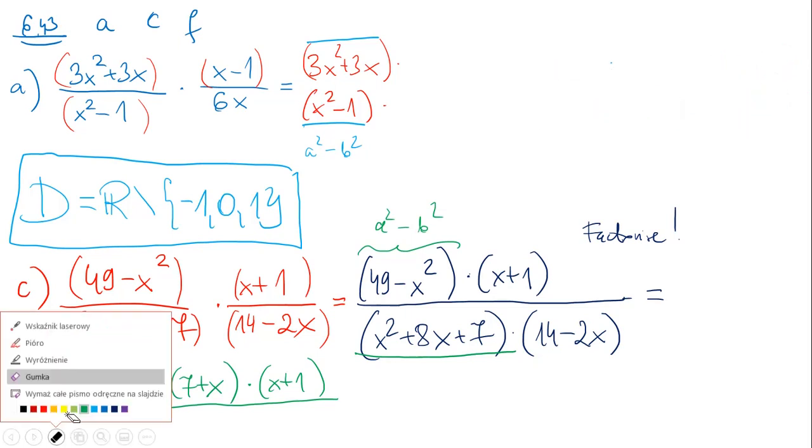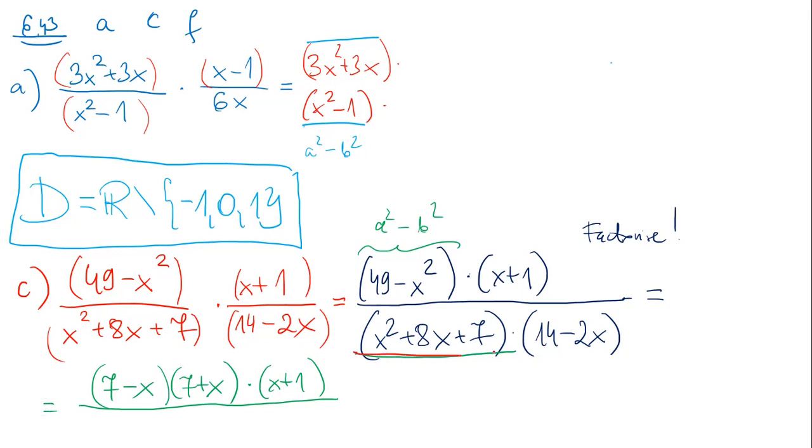Okay, so I will take this function, x squared plus 8x plus 7. This is a quadratic function, and we need to use delta to find x1, x2. Okay, so let's calculate delta: it is 8 squared minus 4 times 1 times 7. So it's 64.